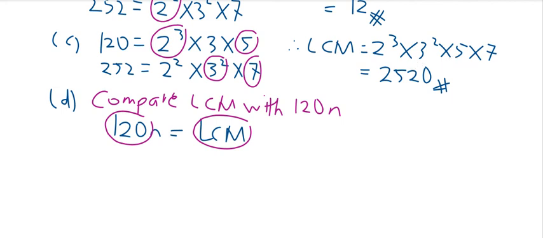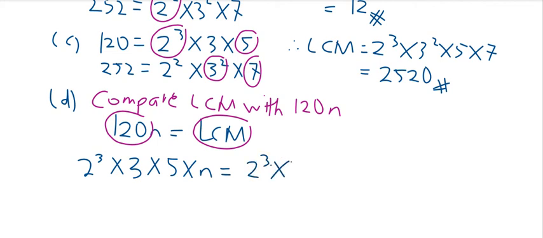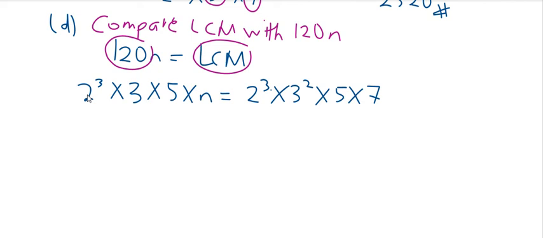So let's proceed. So here 120 will be 2 power 3 times 3 times 5, right? And then times n. And then the LCM will be 2 power 3 times 3 power 2 times 5 times 7. So what you're going to do next is to find n, but you have to cancel the numbers that can be divided. So here 2 power 3 will be cancelled because both sides have 2 power 3.